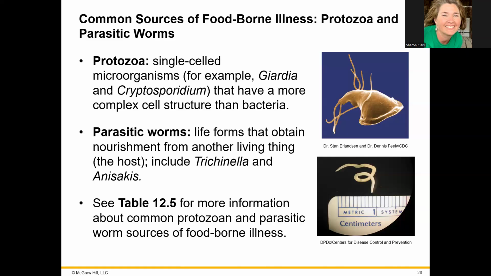But you have the parasitic worms that live in the host. So your Trichinella here, and then your Anisakis here. This is your fish and sushi that you need to watch out for. Only get your sushi from reputable sources. And then Trichinella is found often in undercooked pork products.